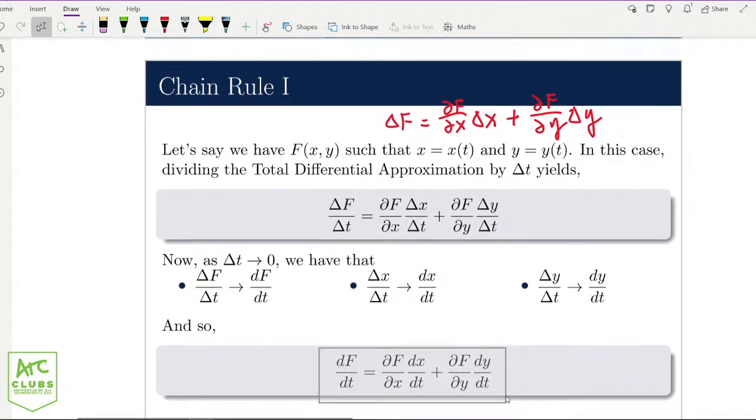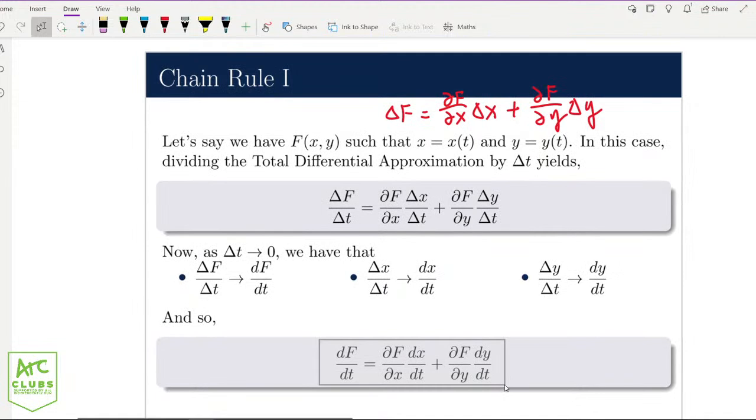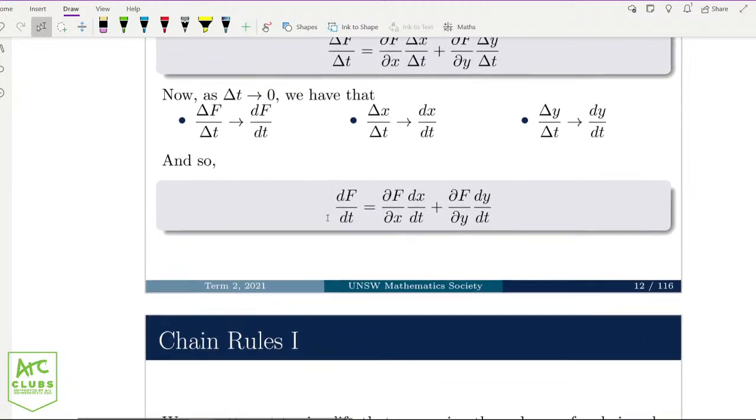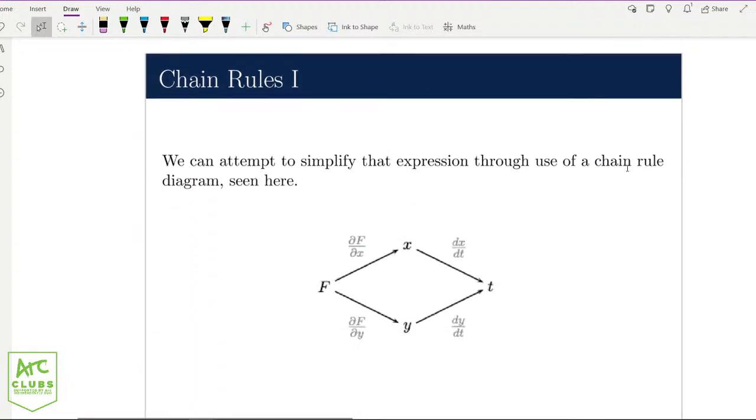And so this is the final equation that we end up with, which is quite useful when it comes to solving functions of several variables. So the chain rule can actually be written in a few ways, but a useful tool that we usually use to visualize how the chain rule works is a chain rule diagram, as shown below over here.